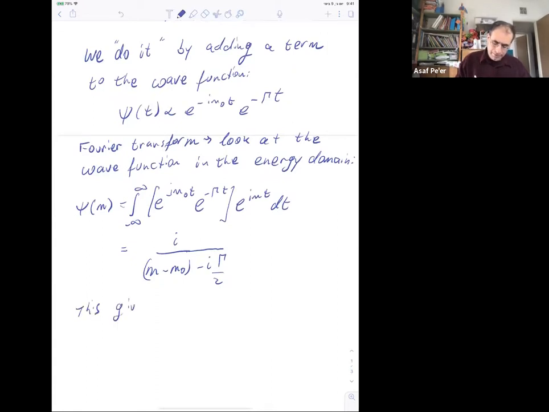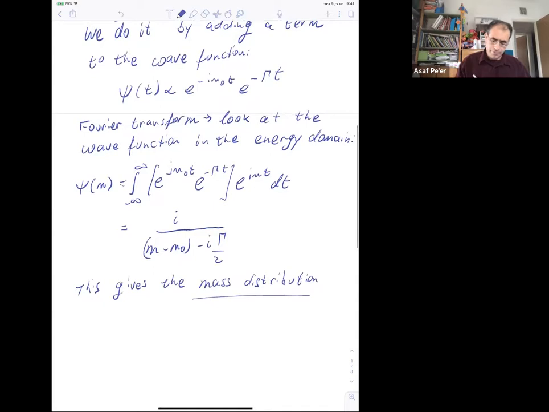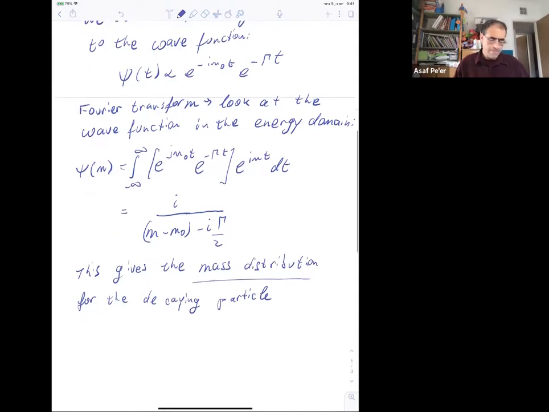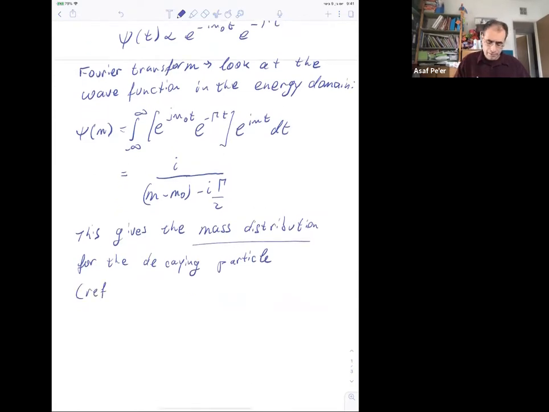This gives the mass distribution for the particle, namely reflecting the probability of measuring it with mass m.